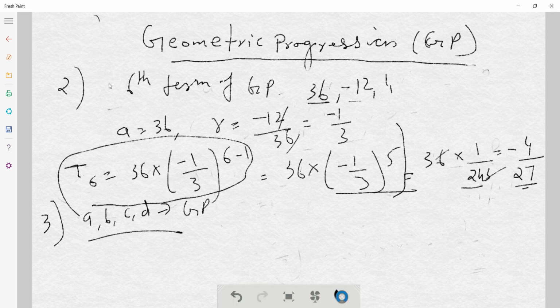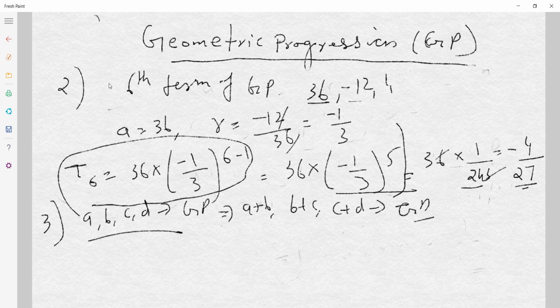Now we need to prove that A plus B, B plus C, and C plus D are also in GP. How do you do that? We have a sequence which is assumed to be a GP, and based on this assumption we need to work out that this new sequence will also be a GP.